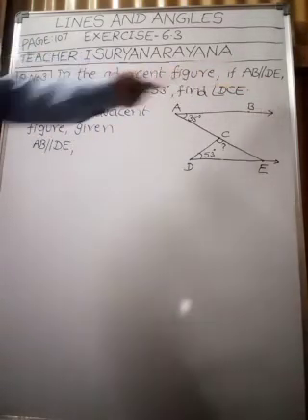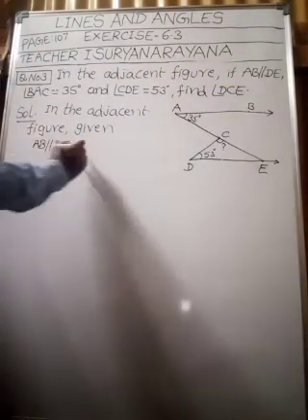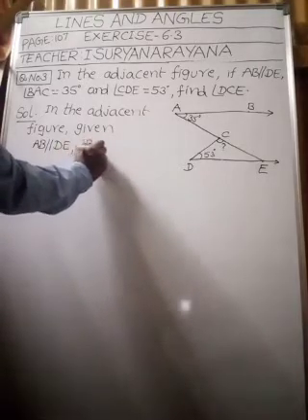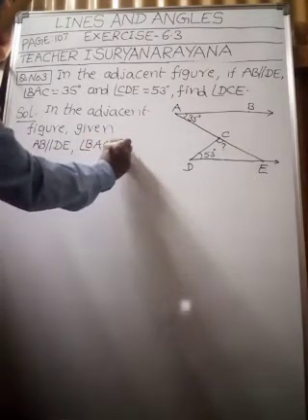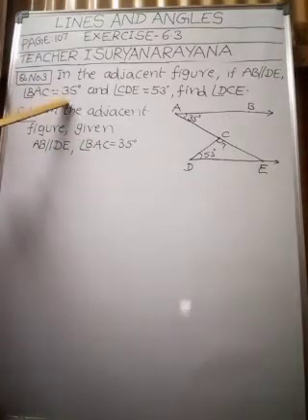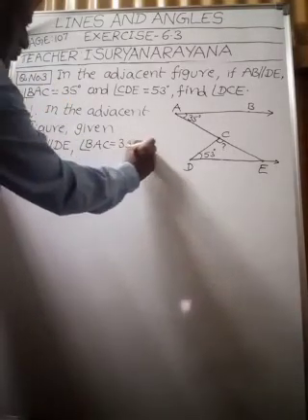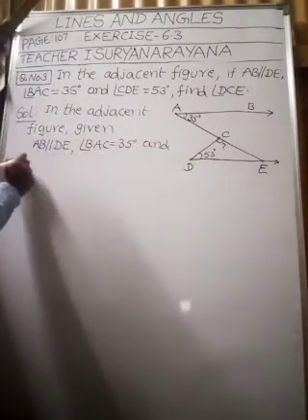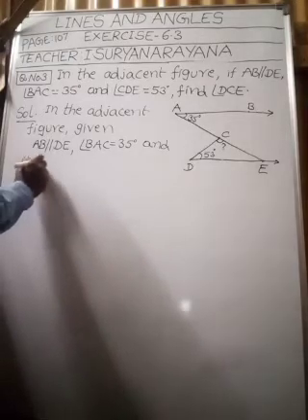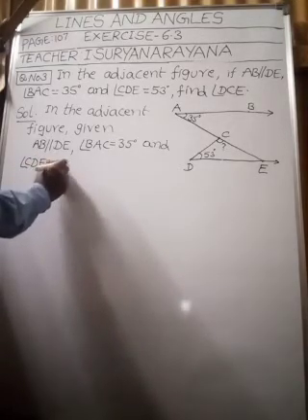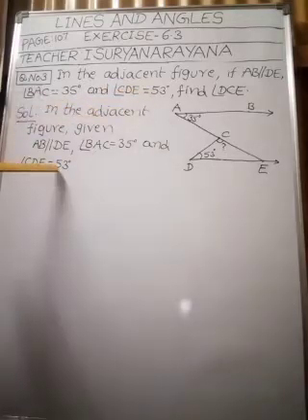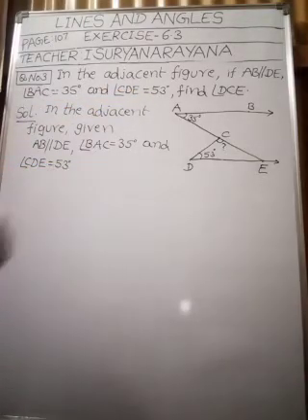Angle BAC is 35 degrees, and angle CDE is equal to 53 degrees. Okay, my children, we wrote the given data.